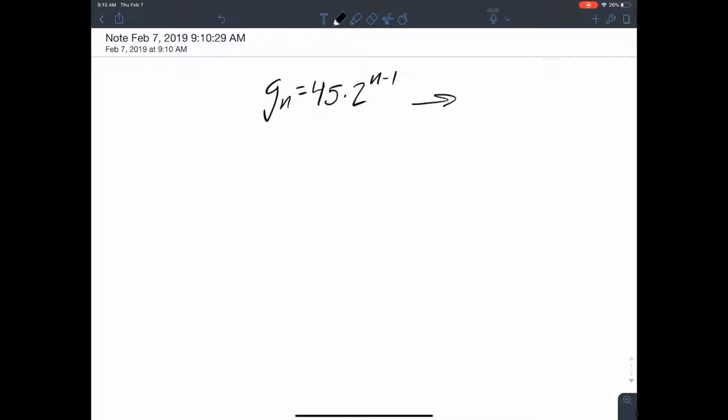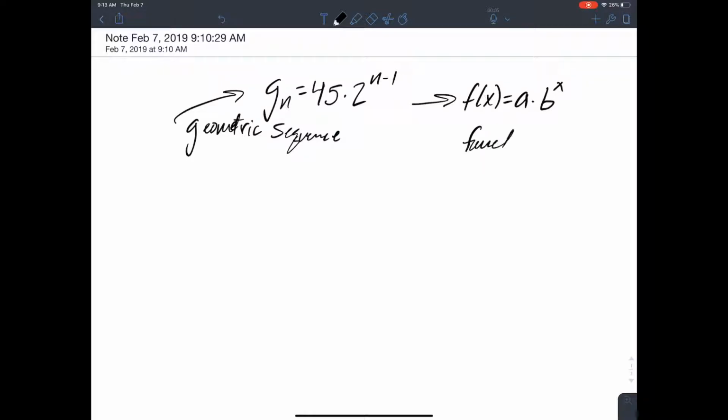And we're going to basically change that into a function form, which looks like f of x equals some number a times some number b to the x power. Okay, so this is the geometric sequence right here, and this is function form.